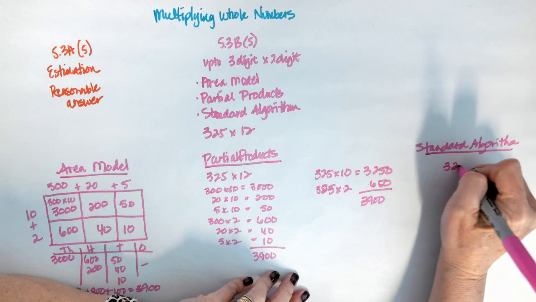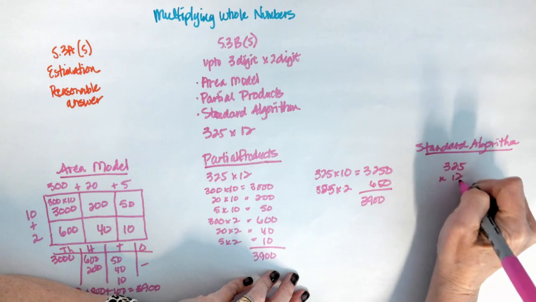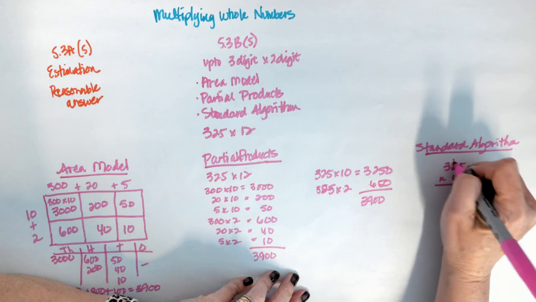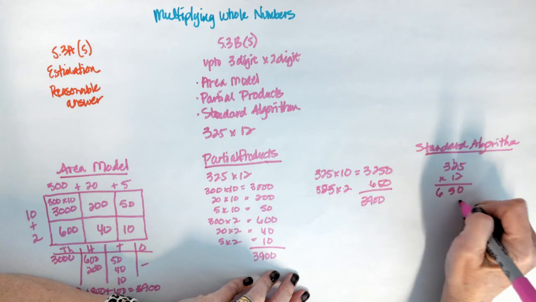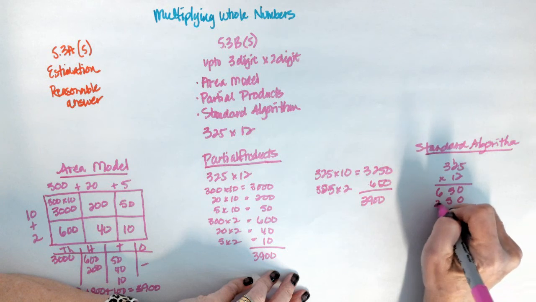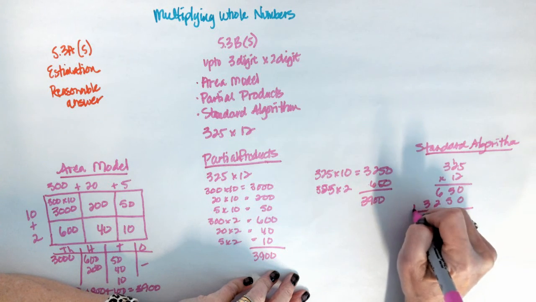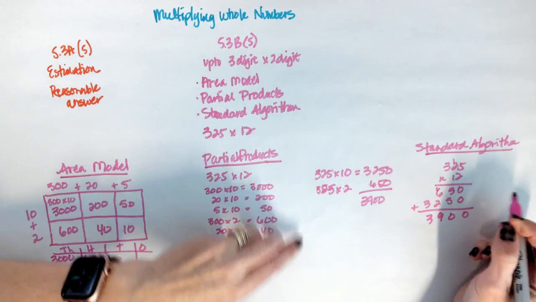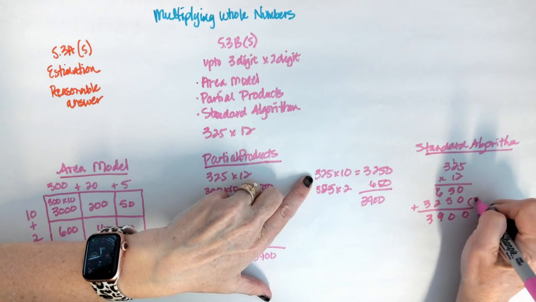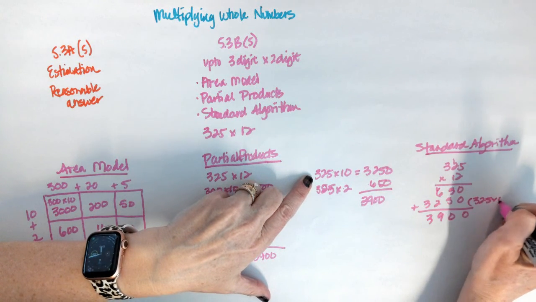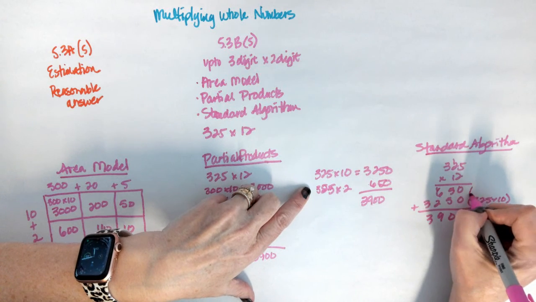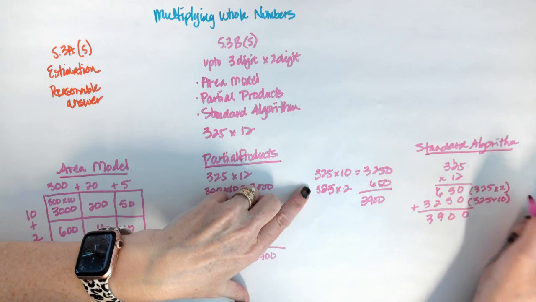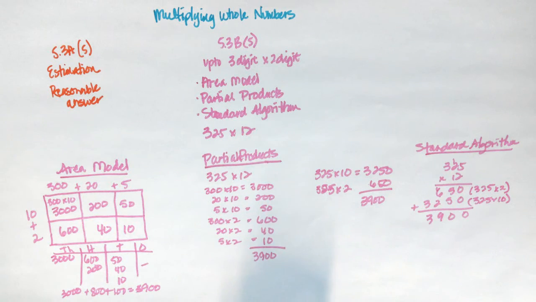So 325 times 12, they're able to see, oh look, this is the exact same thing as this partial product that I did here. So they're able to make that connection.